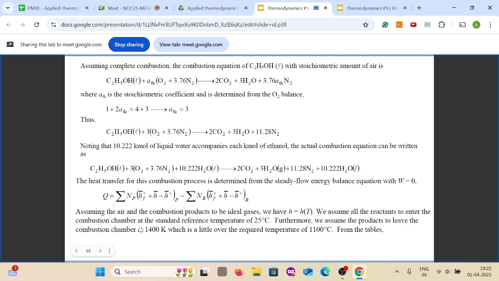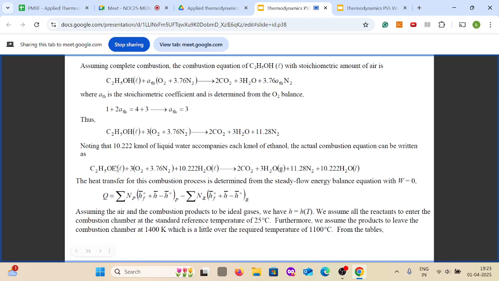Assuming complete combustion, the combustion equation for C2H5OH with a stoichiometric amount of air is C2H5OH plus A(O2 plus 3.76 N2) gives 2 CO2 plus 3 H2O plus 3.76A nitrogen. So A is 3. This is how the expression looks: C2H5OH plus 3 moles of air gives 2 moles of CO2 plus 3 moles of water plus 11.28 moles of nitrogen.